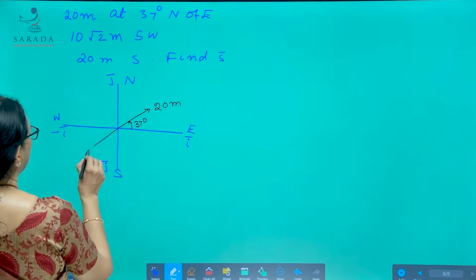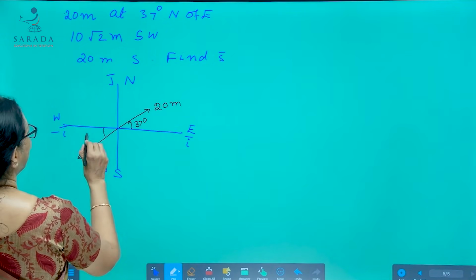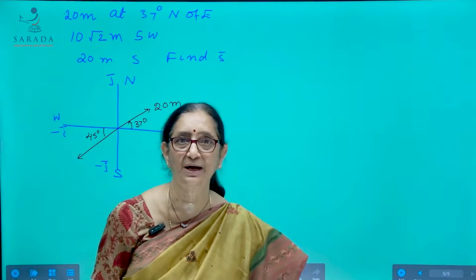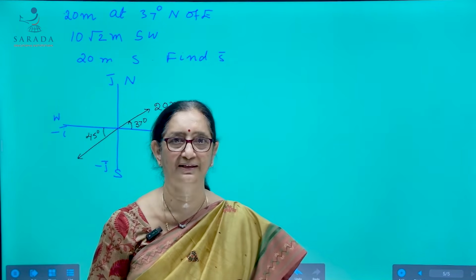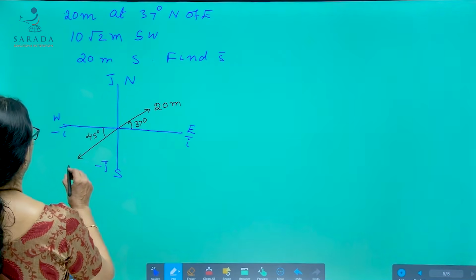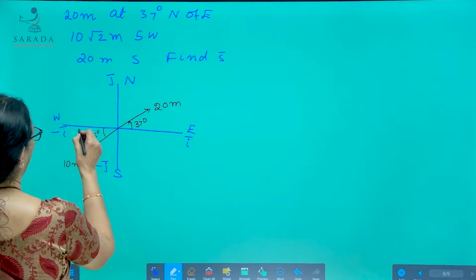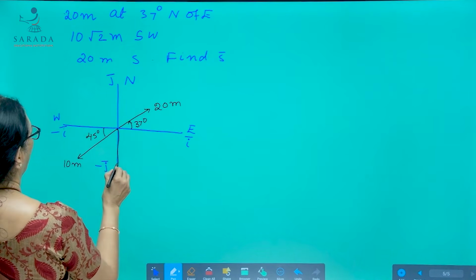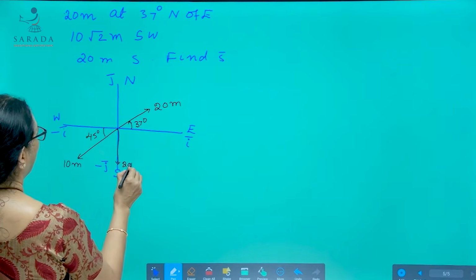Southwest means it is exactly making 45 degrees with both south direction and west direction. And then 20 meters south, just along this direction.